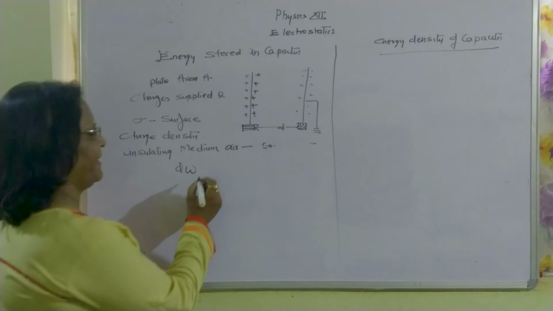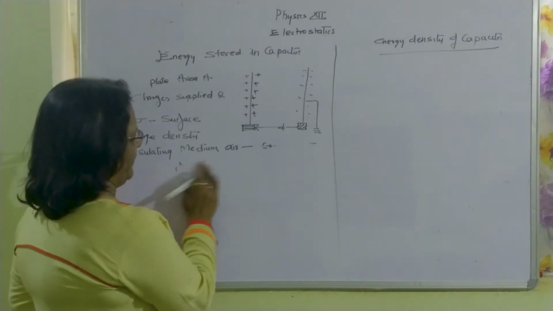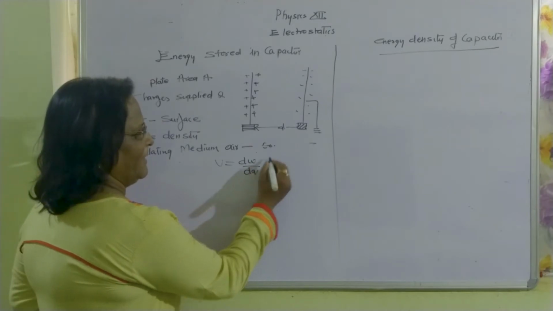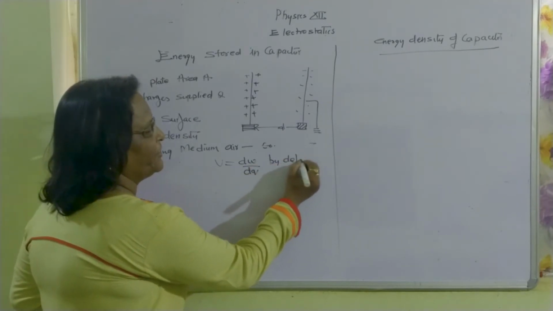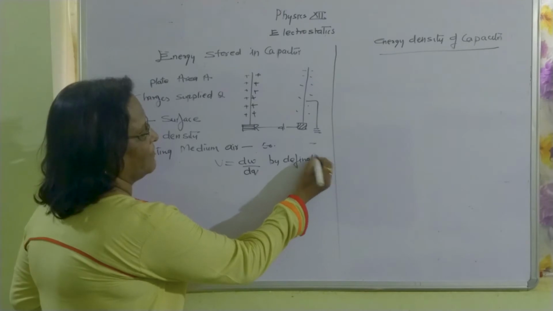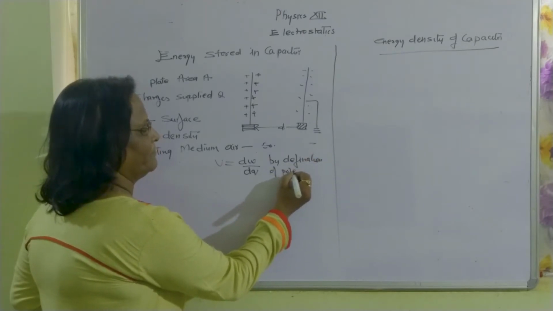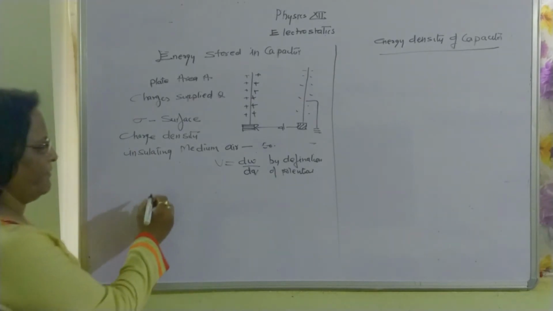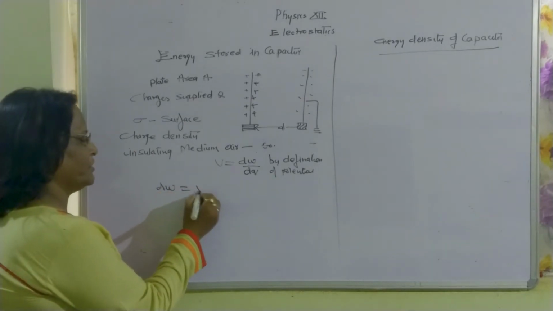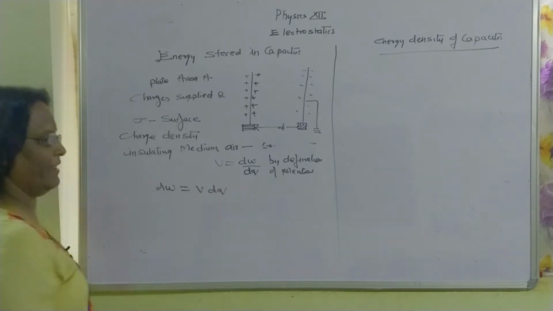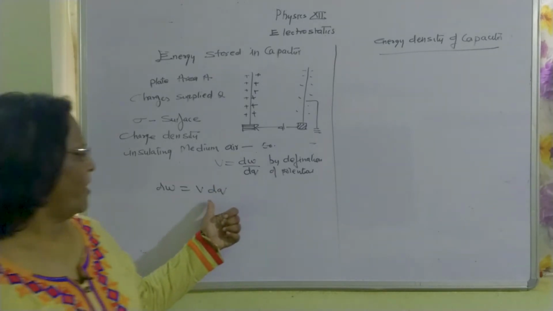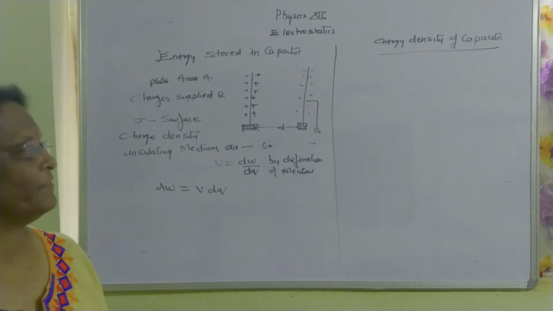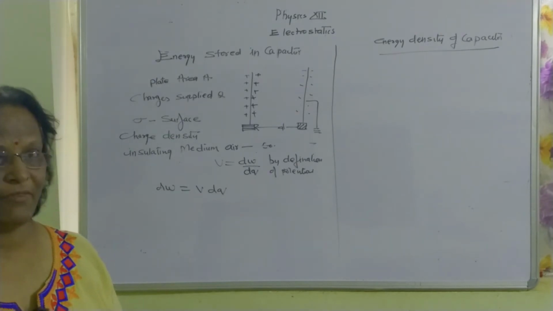So here we will get V equals dW upon dQ, that is by definition of potential. We can write dW equals V dQ. Now as we see in this part, V is constant. Why?